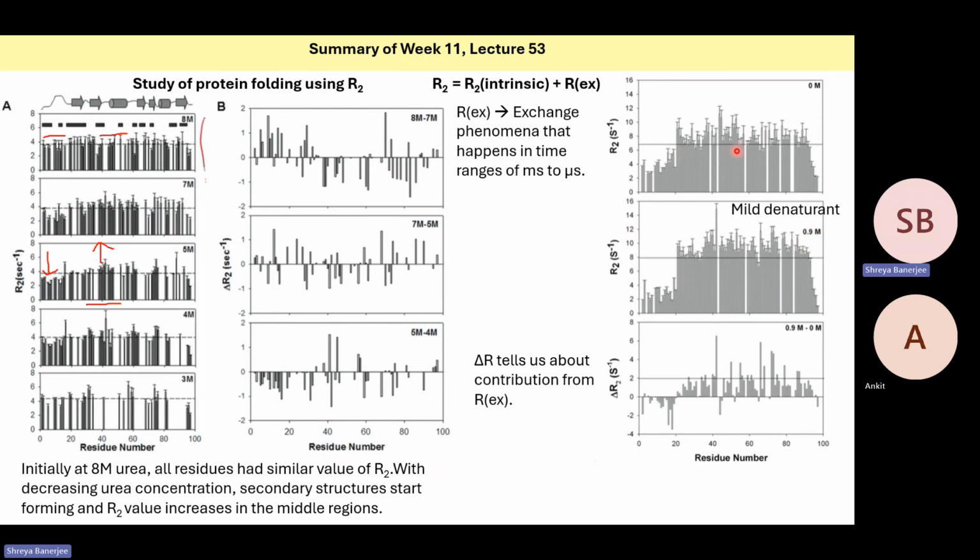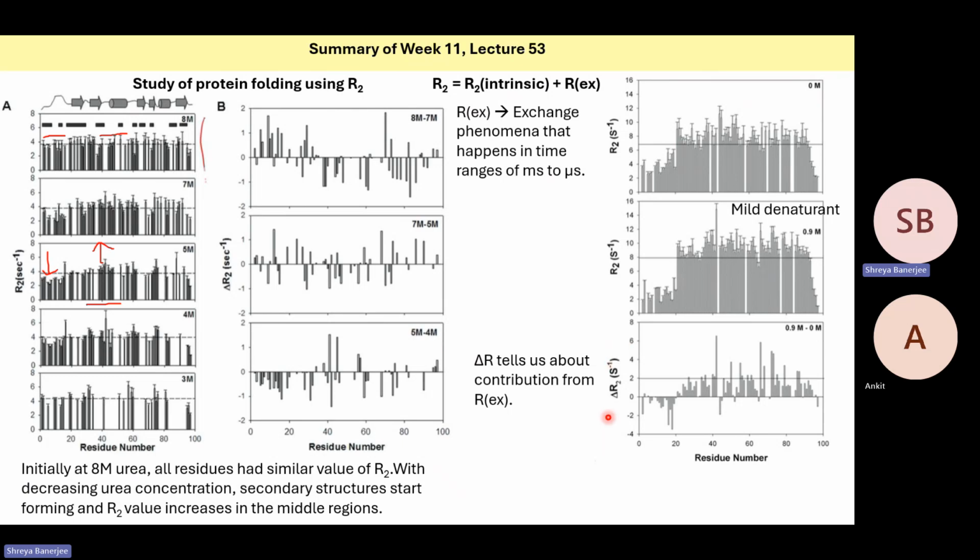There are some changes in the R2 value, and you can find out more about the changes if you take delta R2. So you take R2 at 0.9 molar urea minus R2 at 0 molar urea. These two R2 are subtracted to give you delta R2.